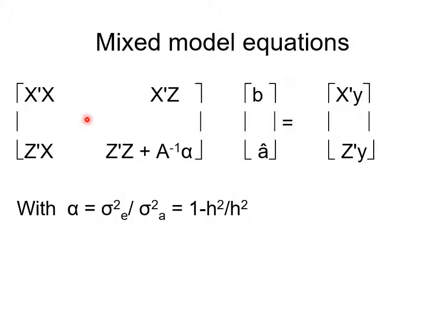solution for the fixed effects, because we have unequal numbers per fixed effects. Not each of these contemporary groups have the same number of animals in it. We might have unequal numbers in terms of the two sexes, the age of dam effect, etc. We also know that the actual level of performance in a contemporary group is obviously not just an environmental effect, it's also the genetic effect of the animals.